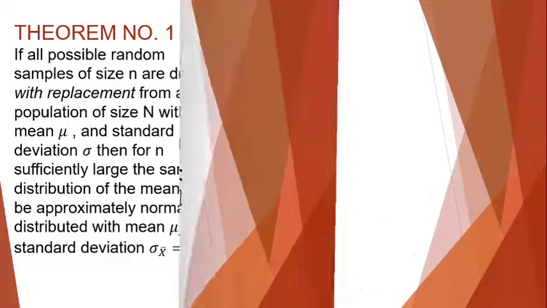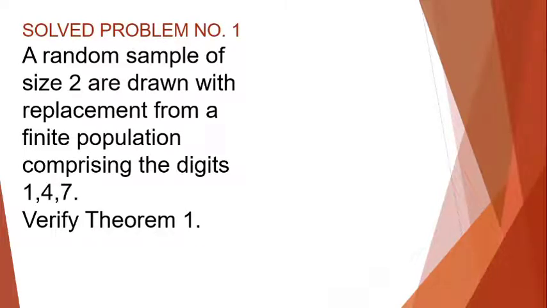So, how can we apply this? Solve problem number 1. A random sample of size 2 is drawn with replacement from a finite population comprising the digits 1, 4, 7.